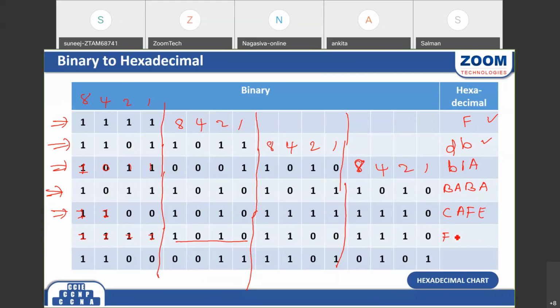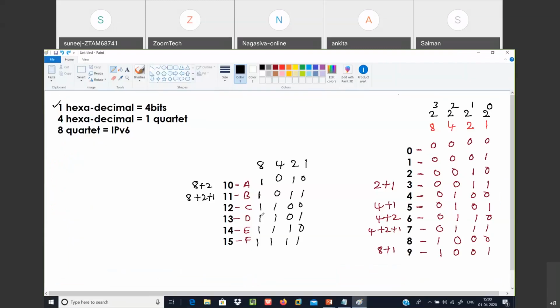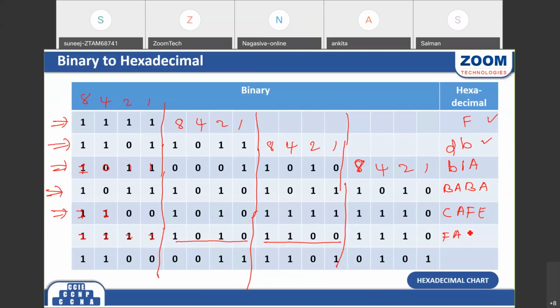A. Then 1100. So here, come here. 1100 is what? C.